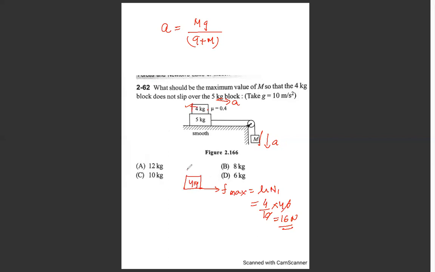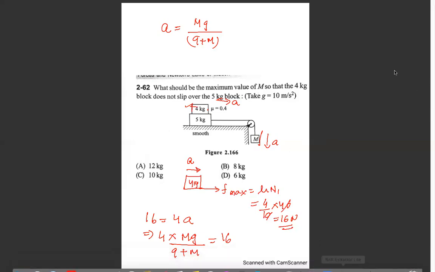If this is also moving with an acceleration a, we can write the equation of force: F max equals m a, so 16 is equal to 4 times a. So 4 into the common acceleration, mg divided by 9 plus m, should be equal to 16. On solving this, 4 mg, that is 40 m, equals 16 into 9 plus m.